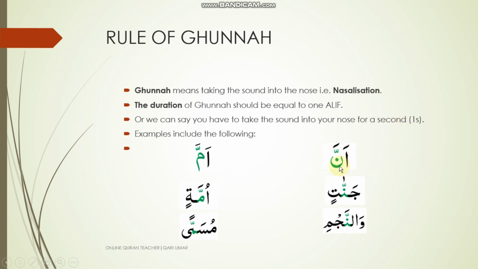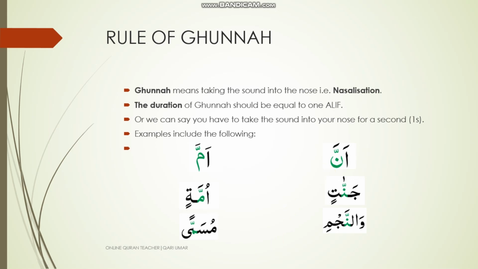So let us practice how you have to fulfill this rule when you are reading the letter. If I take the example of noon, this word will be spelled according to the previous slide as we have learned. If you want to learn how to make a spelling of the letter containing tashdid on it, see my previous slide.